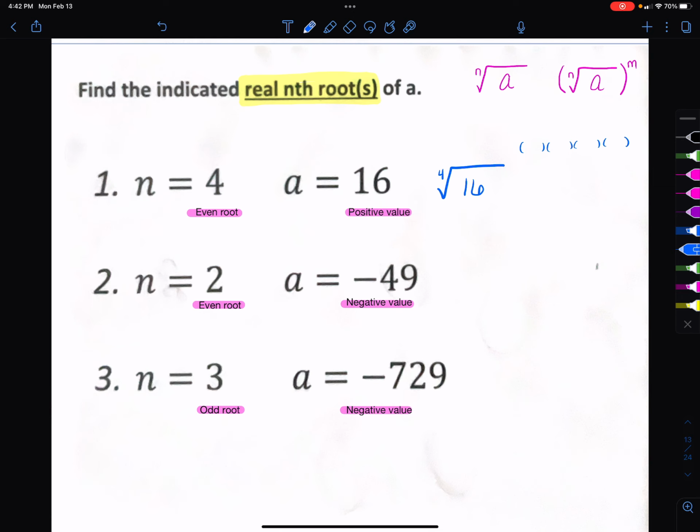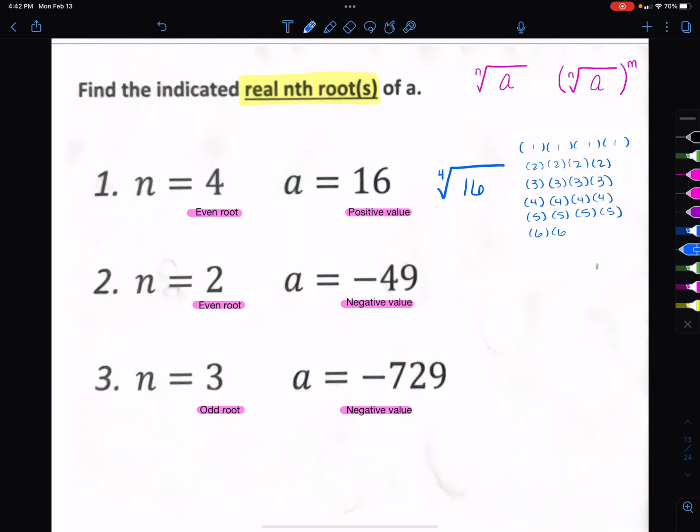Well, we could consider 1 times 1 times 1 times 1. We could consider 2 times 2 times 2 times 2. And I'm doing this on purpose this time so you guys can see this going forward. We could consider all 3s, all 4s, all 5s, and I'm going to look at one more, all 6s.